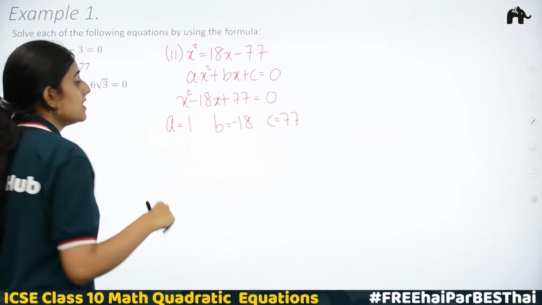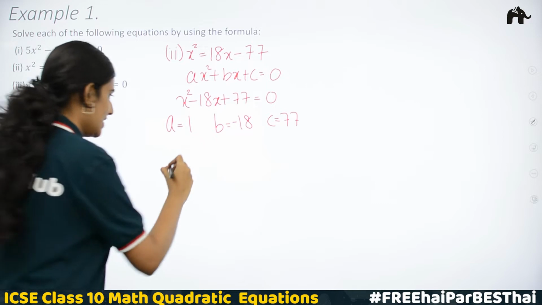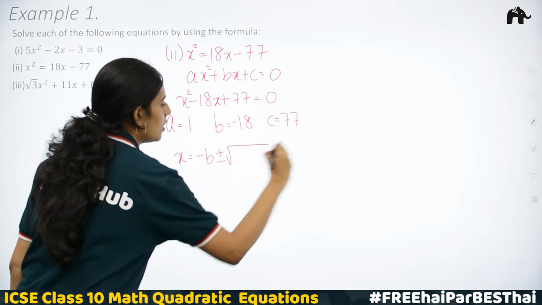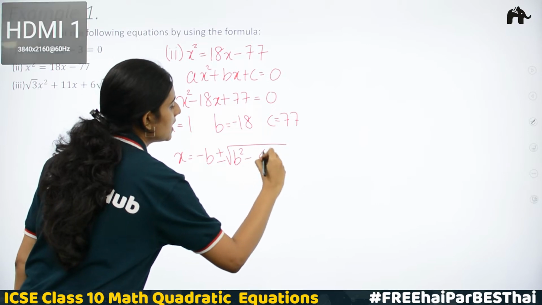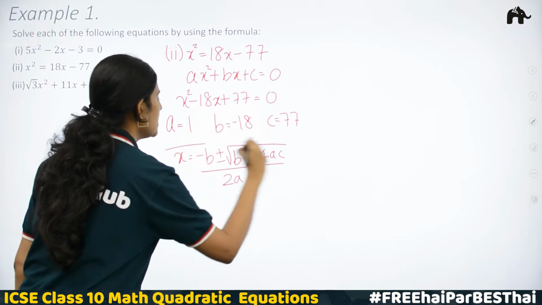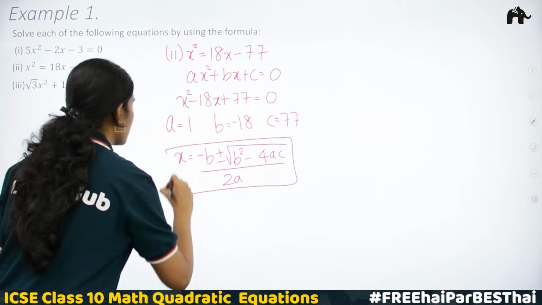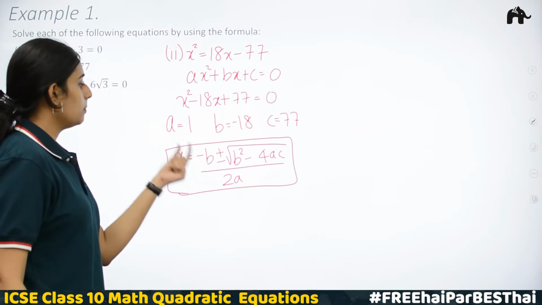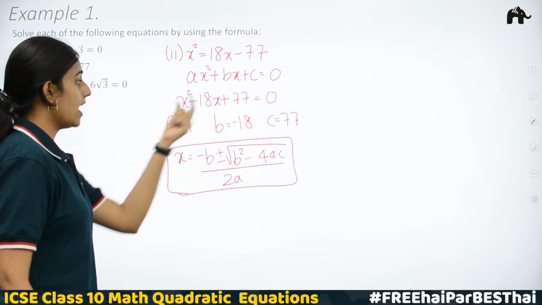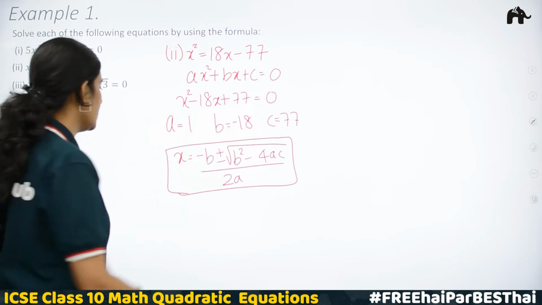Okay, what is our formula? x is equal to minus b plus or minus root of b square minus 4ac divided by 2a. Just substitute the values: b is equal to minus 18, a is equal to 1 and c is equal to 77.